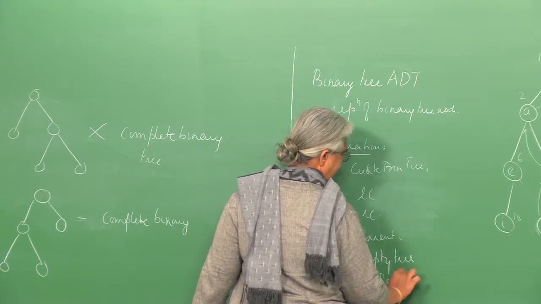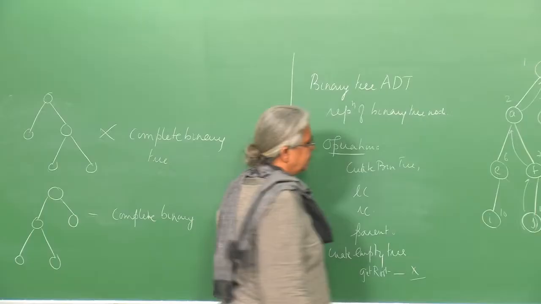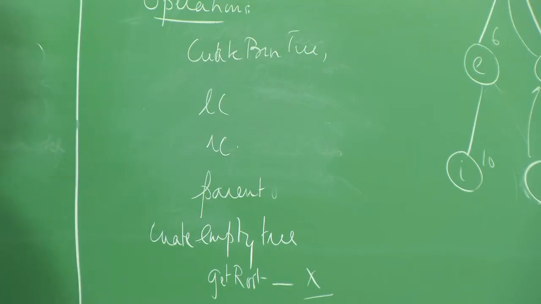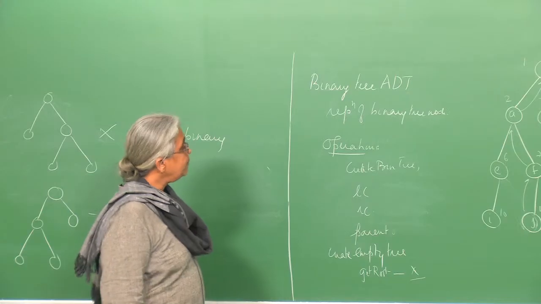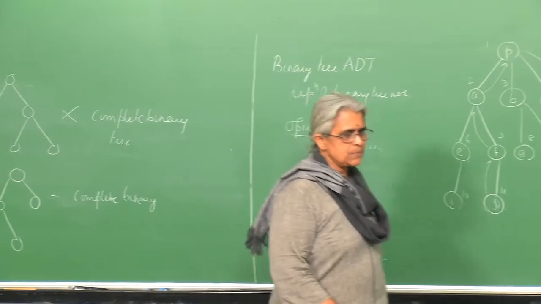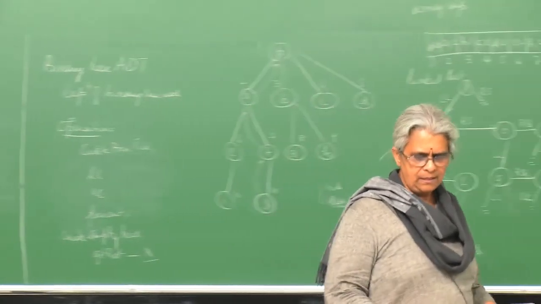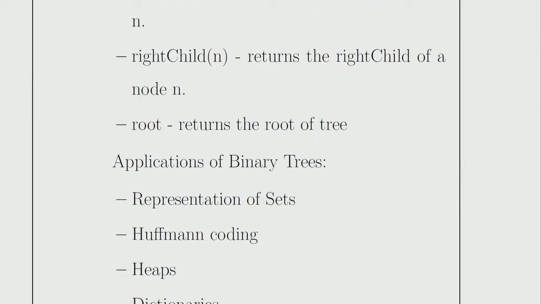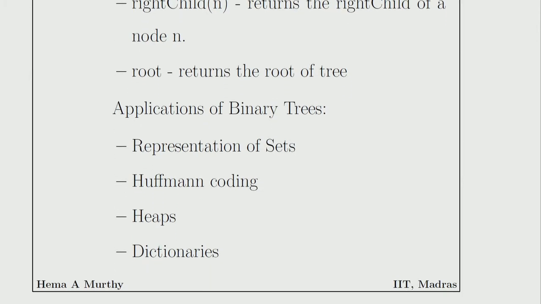This is not good to have, but since some of the books talk about it, I kept this particular operation, because get root, if you have, it tells you what the implementation of the binary tree is. Okay. So, now what we will do is, we will take one application, there are lots of applications of binary trees, can represent sets, you can do Huffman coding, you can represent heaps and dictionaries.